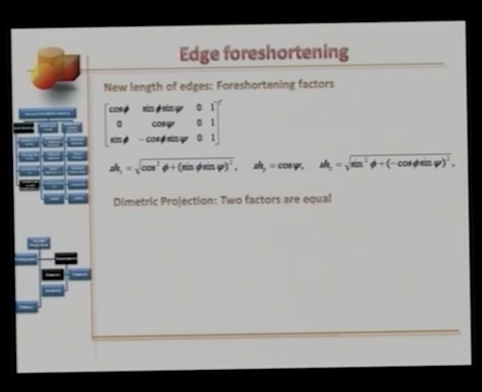Now, in a diametric projection, two of these factors will be equal, and the third will not be equal to them. Let's take an example when the foreshortening factors along the y and z directions, sh sub y and sh sub z, are equal.